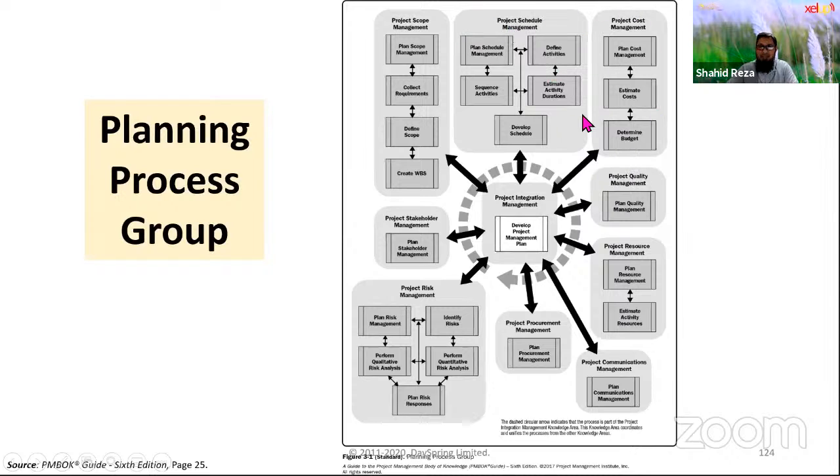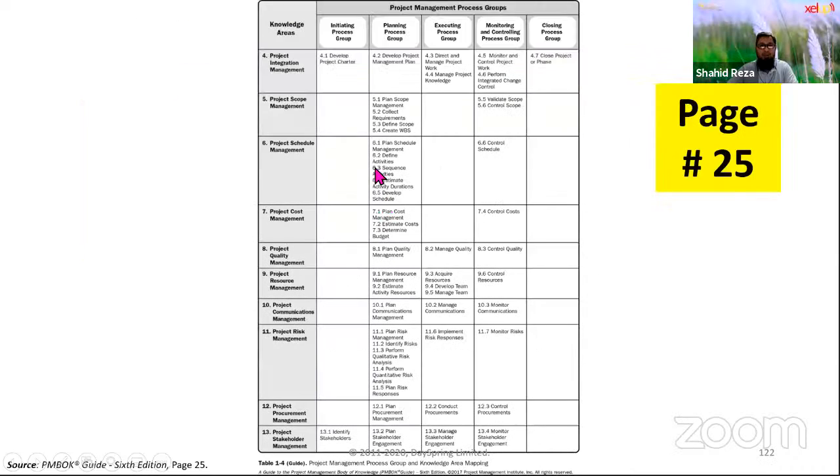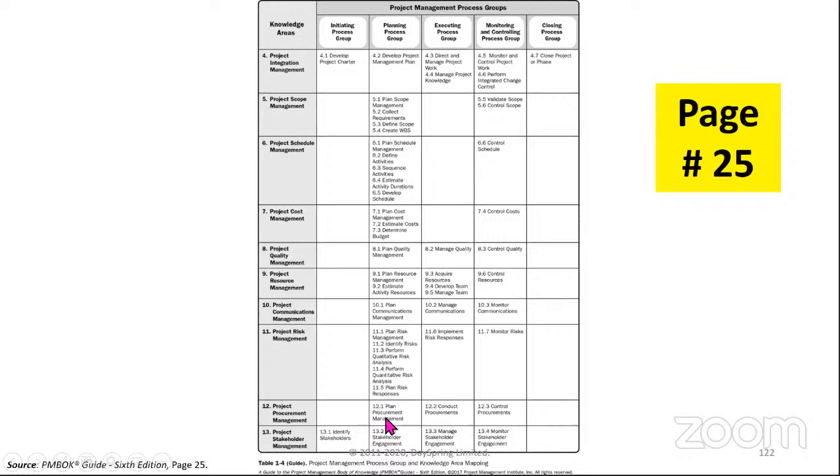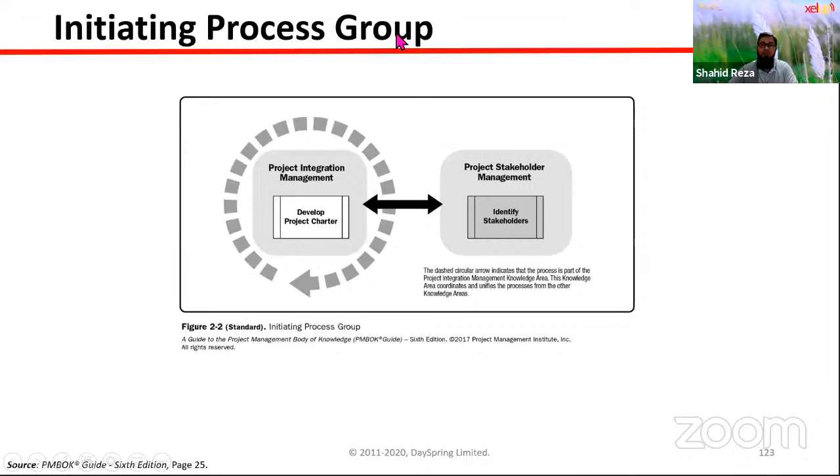If you see this ash-colored rectangle, that mentions the name of the knowledge area. And inside the knowledge area, the processes that develop project management plan is integrating are mentioned here. If you count, you will see 23, right? So develop project management plan is integrating the other 20 processes vertically of this planning process group.